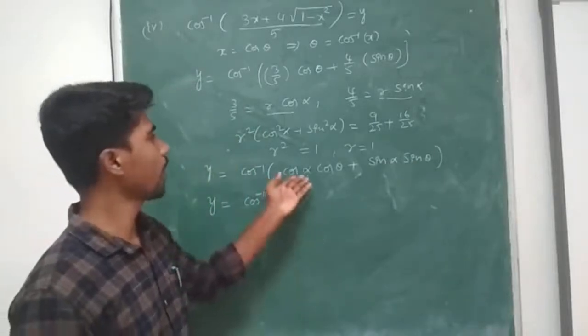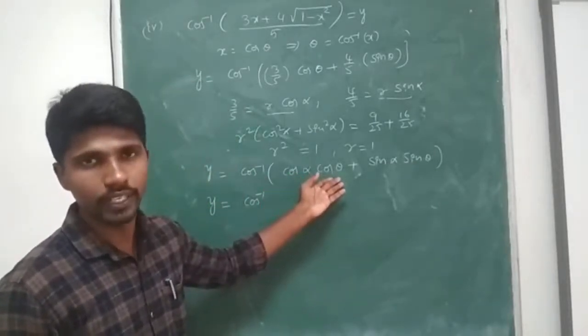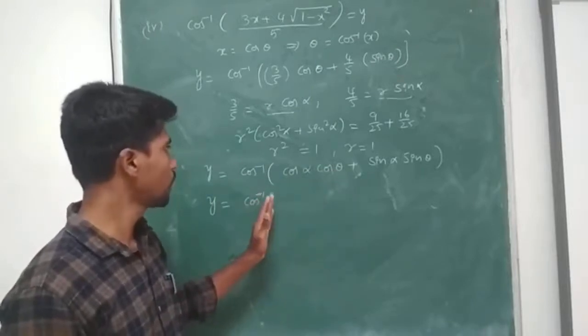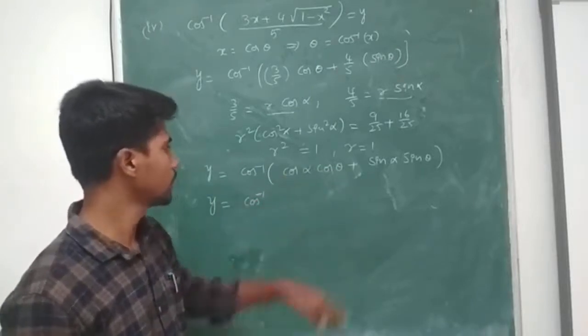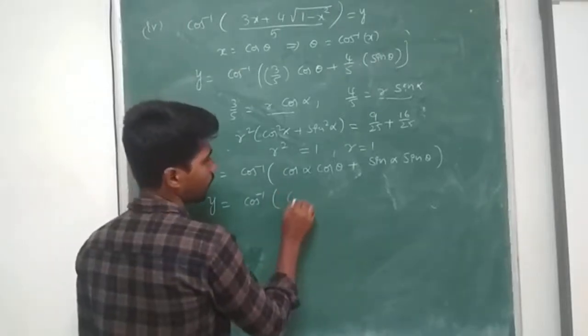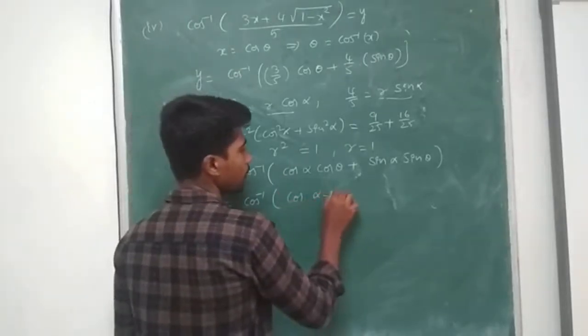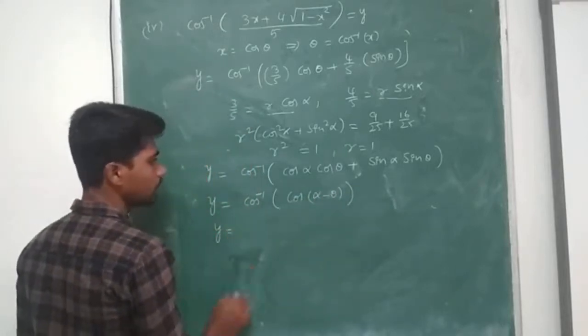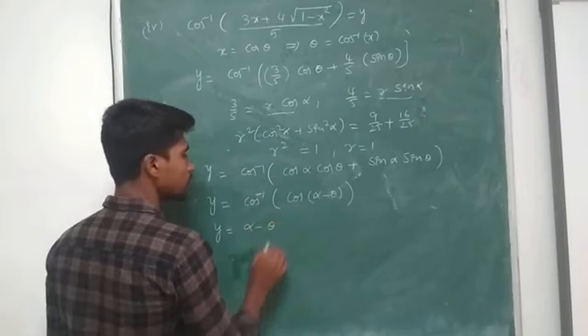So we get cos of alpha minus theta. Cos of cos inverse of cos(alpha minus theta), so now y is equal to alpha minus theta.